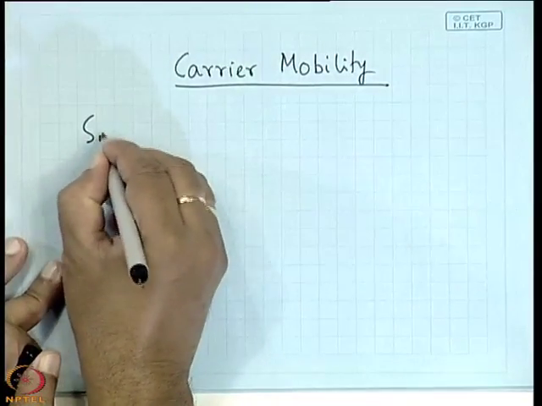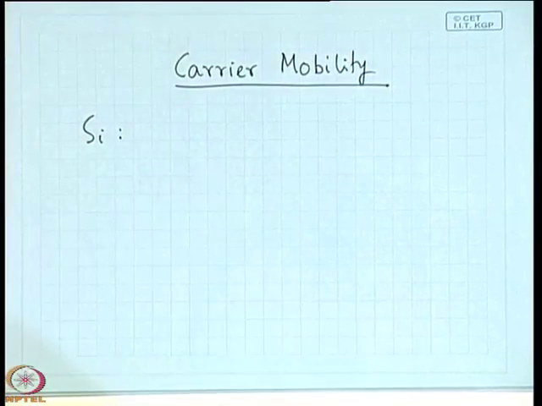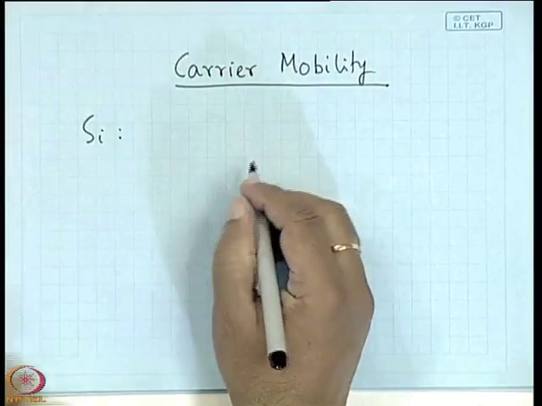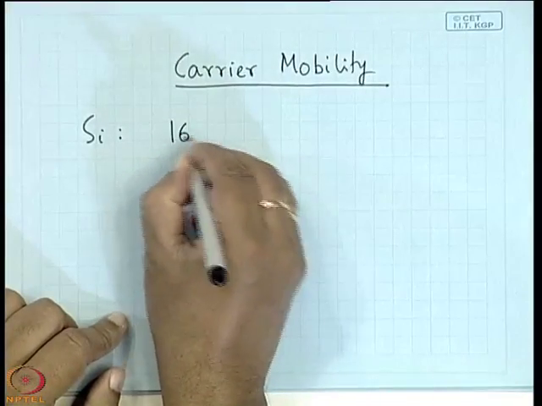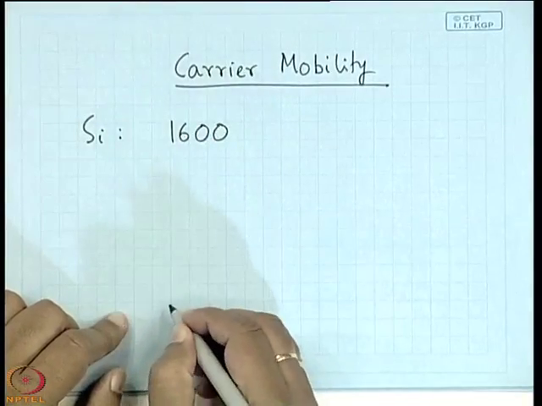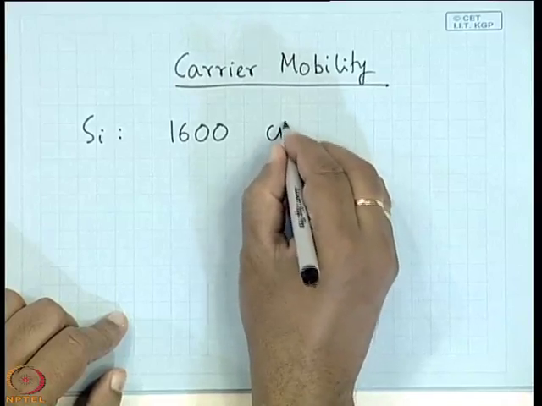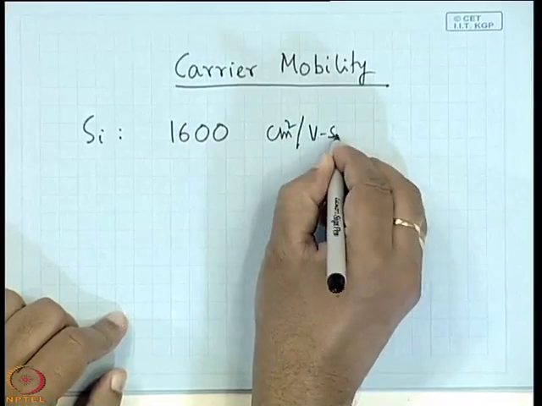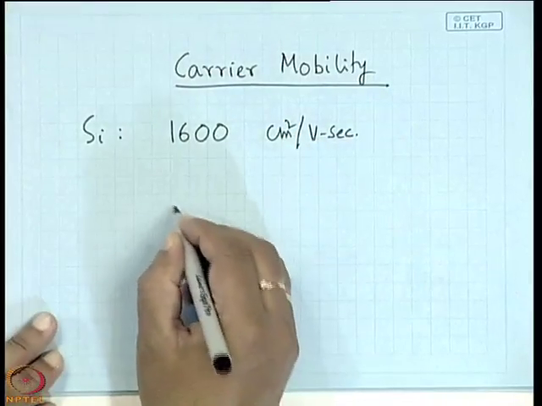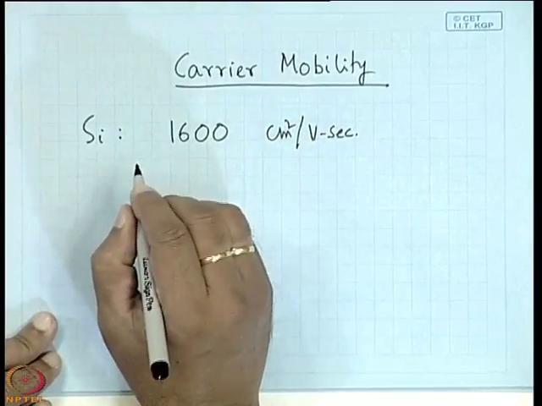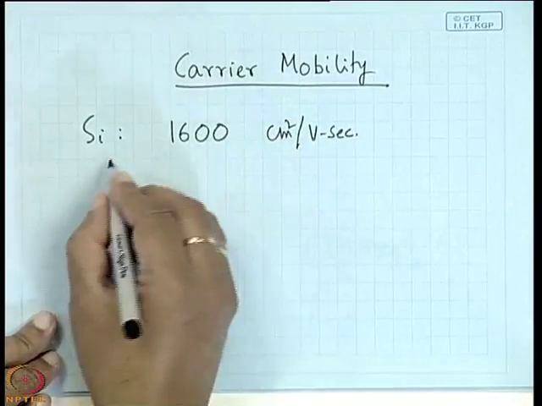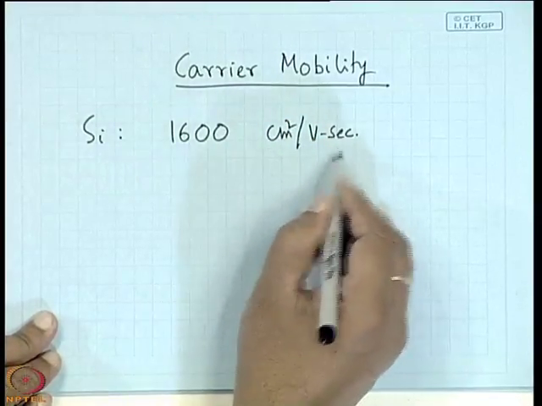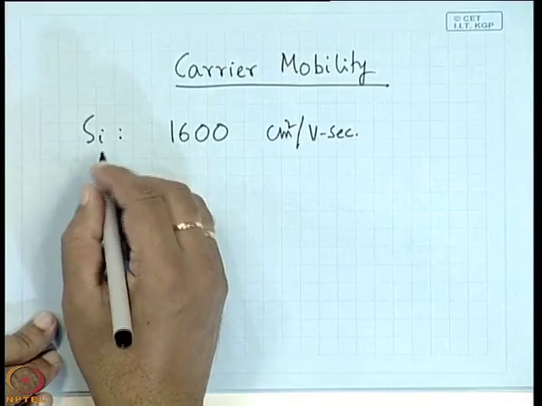Say for silicon the mobility is 1600, obviously it is centimeter square per volt second in CGS unit. I am writing the electron mobility, not the hole mobility. Then for silicon it is 1600 centimeter square per volt second.